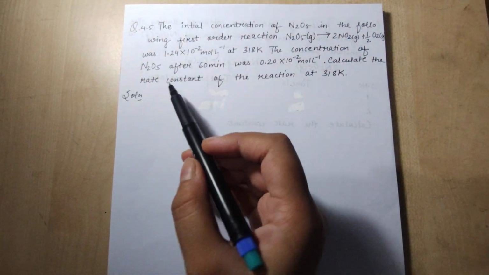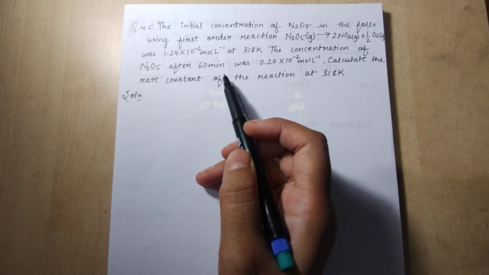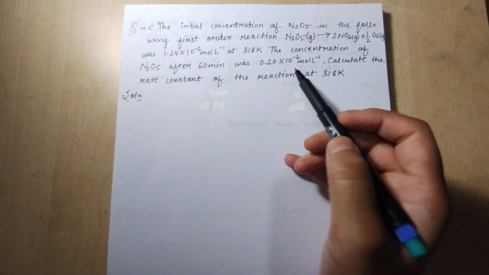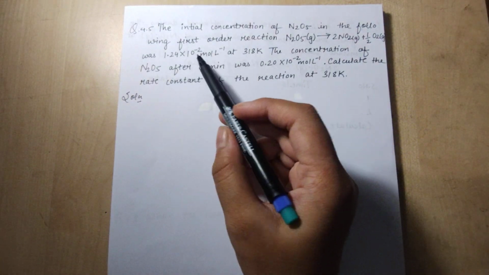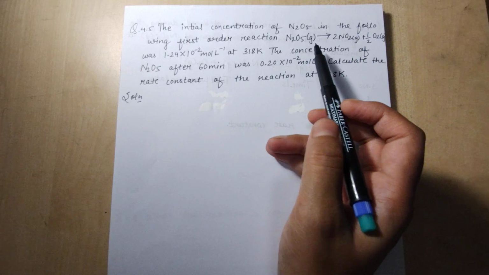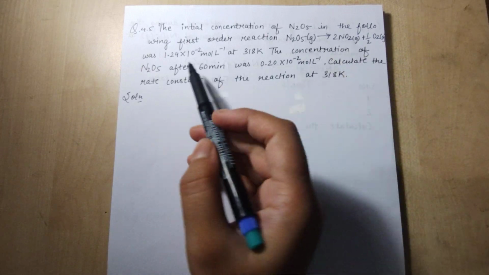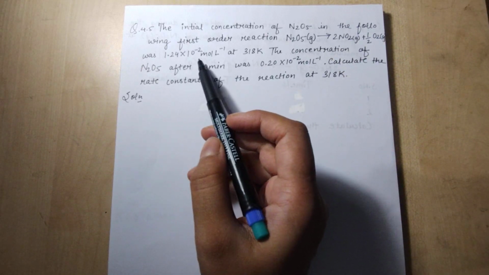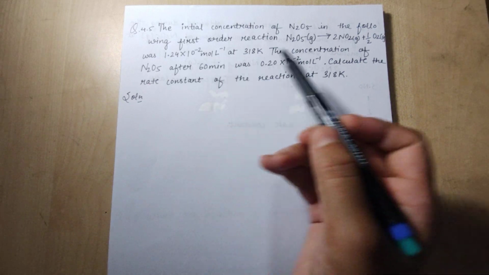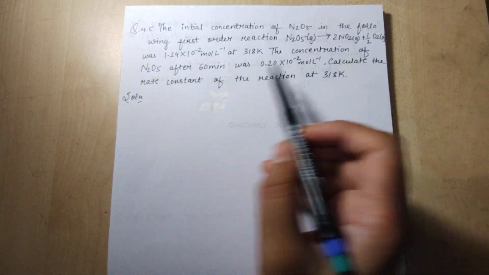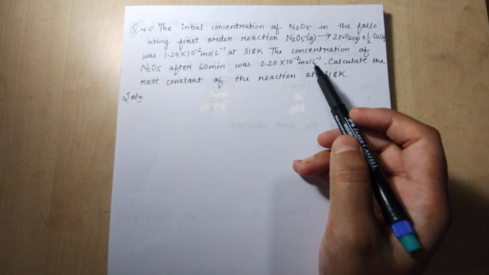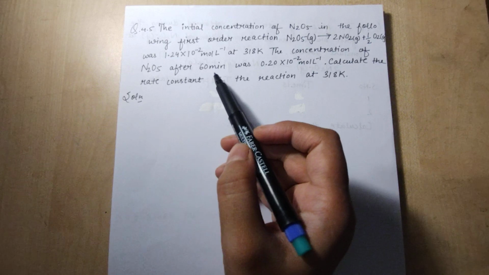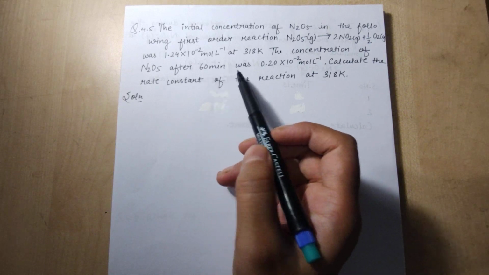The concentration of N2O5 after 60 minutes was 0.20 into 10 to the power minus 2. As this is a first order reaction, the initial concentration is 1.24 into 10 to the power minus 2 mole per liter, the final concentration is 0.20 into 10 to the power minus 2, and time is given as 60 minutes.